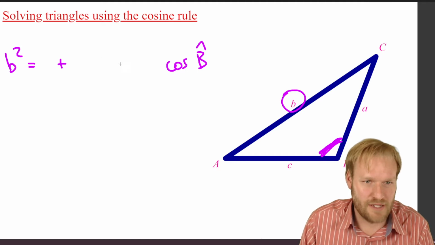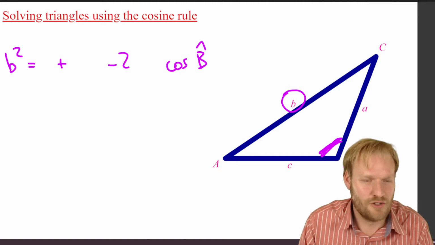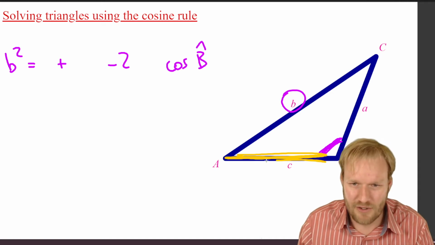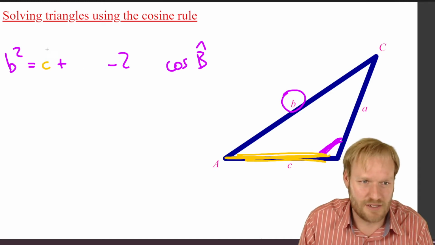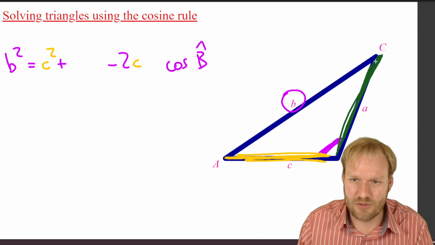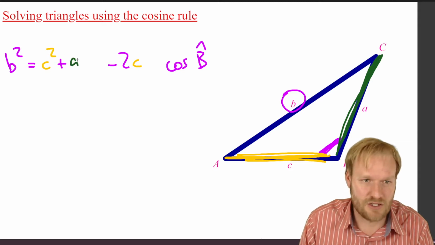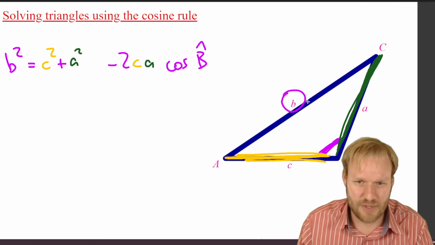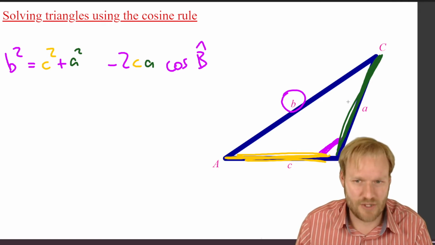So the bits of the puzzle we need are that side, C squared, and the other one here, A squared. So in this case, B squared is C squared plus A squared minus 2CA cos B.